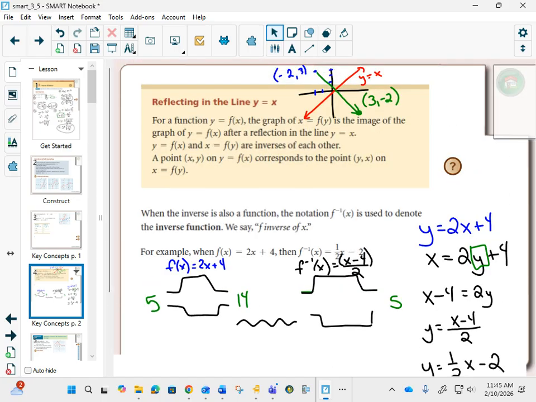The inverse, you can find the equation algebraically by switching x and y. You can find things graphically by taking the points and switching x and y. And what that does graphically is it flips things over the line y equals x.